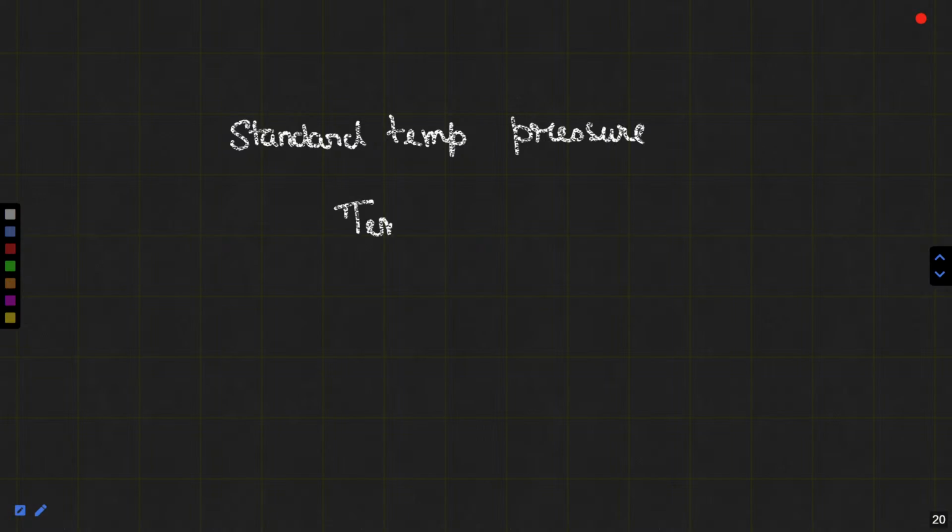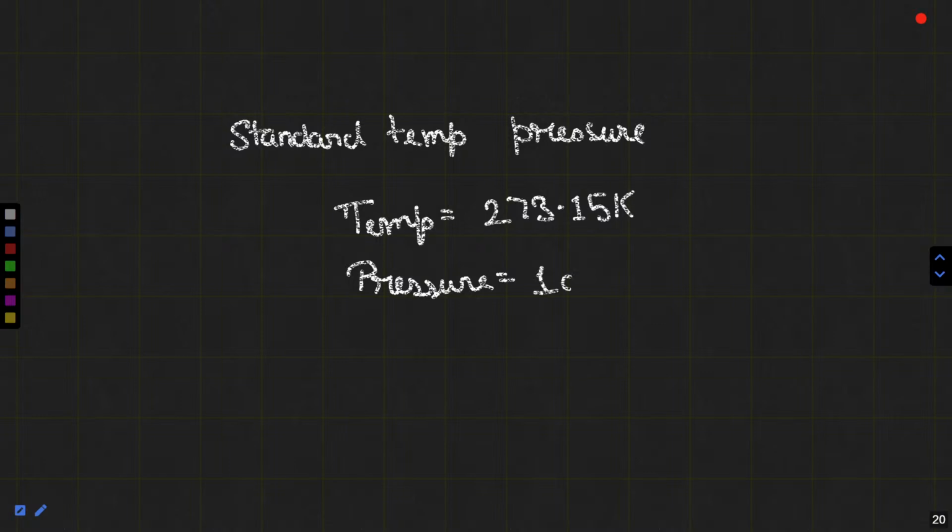At this standard, you take temperature as 273.15 Kelvin. So this is just a case of standard temperature and pressure where you are fixing your temperature as well as the pressure. Pressure will be 1 atm. So these two things are already fixed.